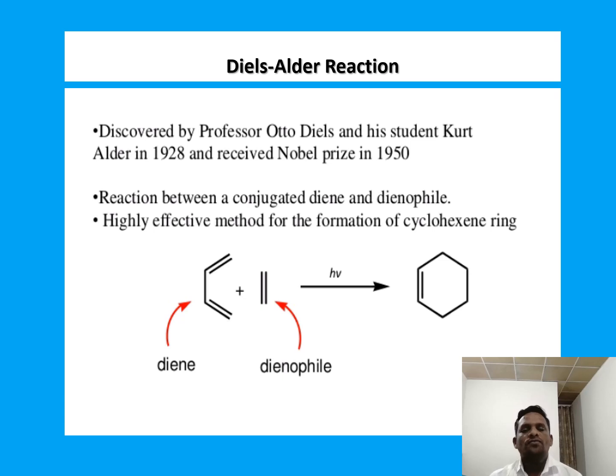The diene, meaning 1,3-dienes, is used, and the second component is a dienophile, which is a simple alkene. They react together in the presence of heat or light, giving cycloalkenes, which form the nucleus of this product.